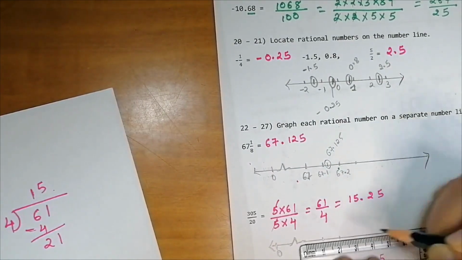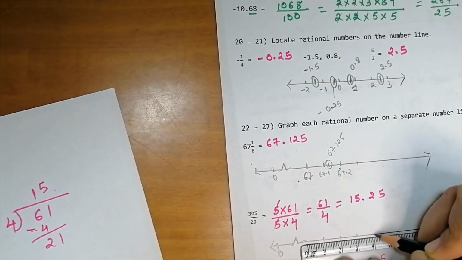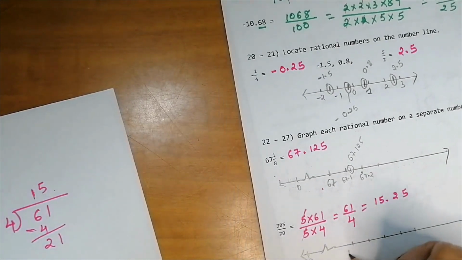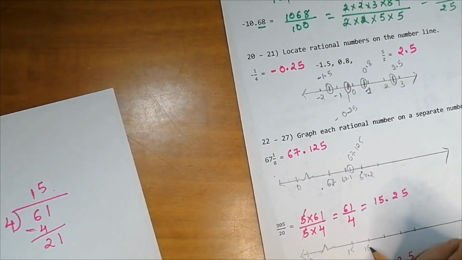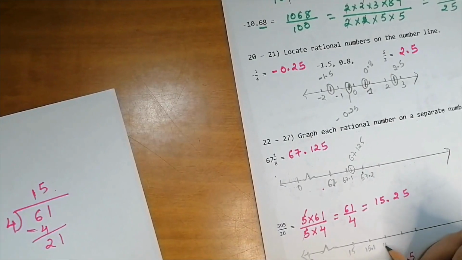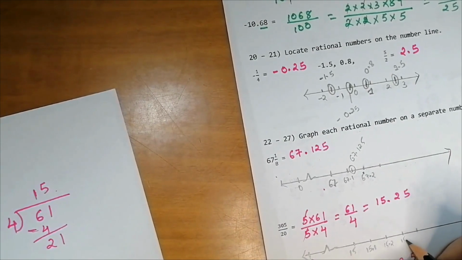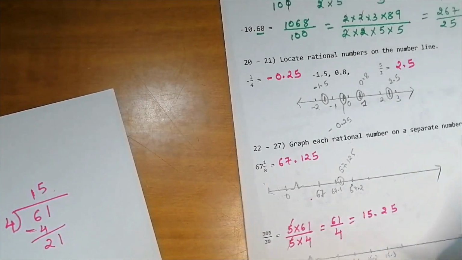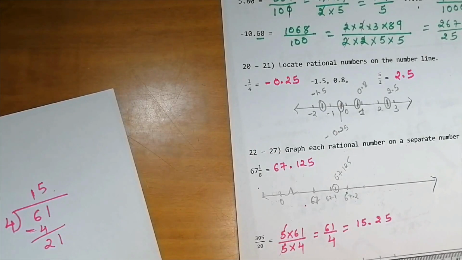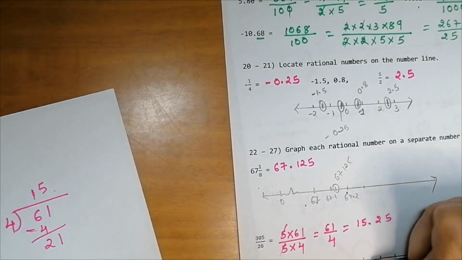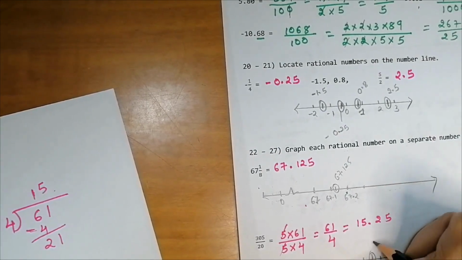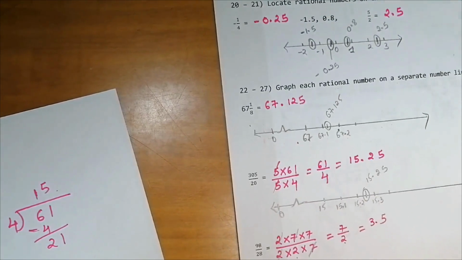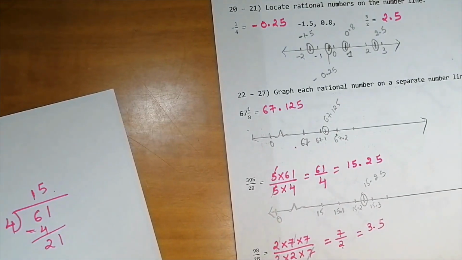So this is 15.1, 15.2, 15.3, and we want a number, but it's 2.5, right? So 2 and 3. So it's the middle number here. So I mark this centimeter here, and this is my 15.25. Okay, so this is how I would do on a number line.